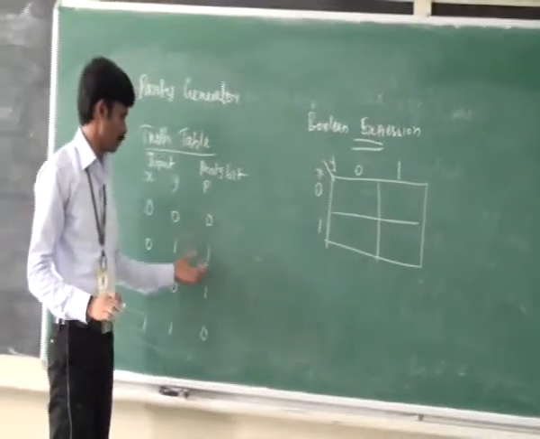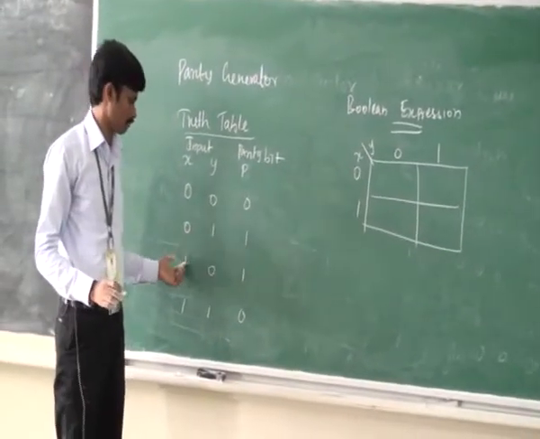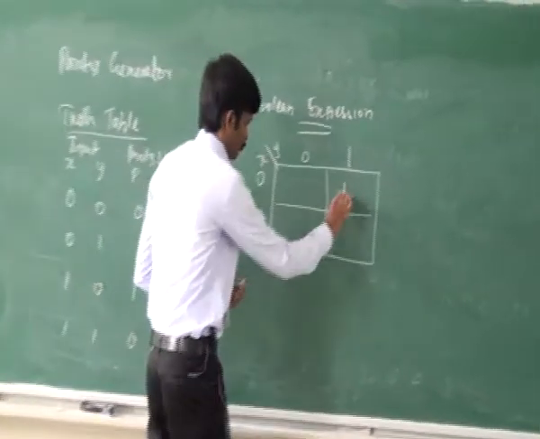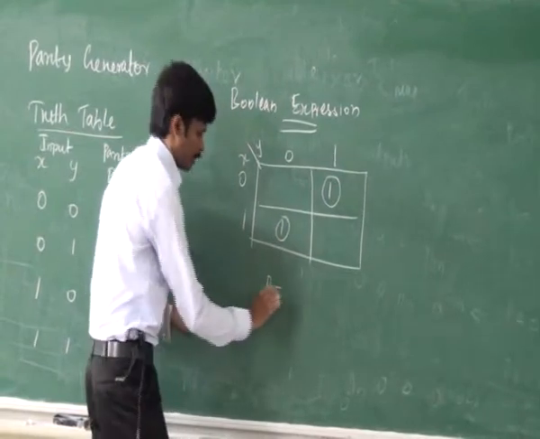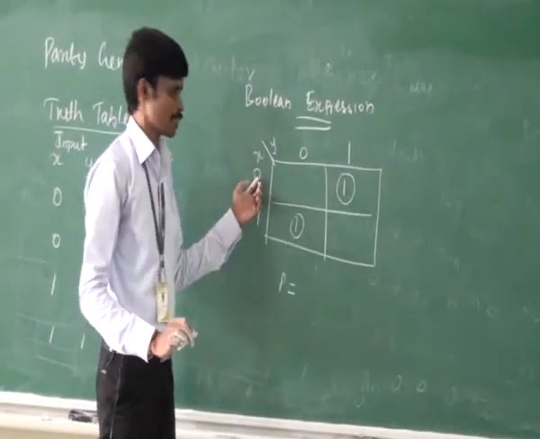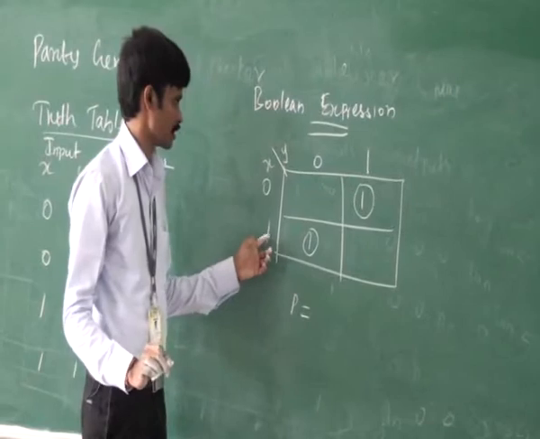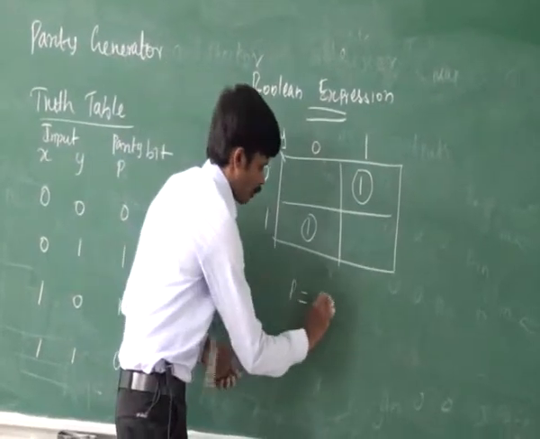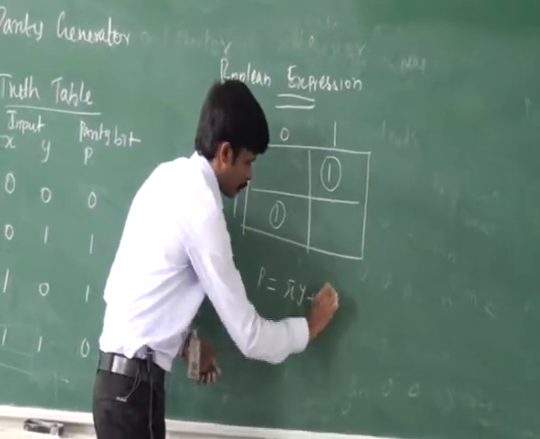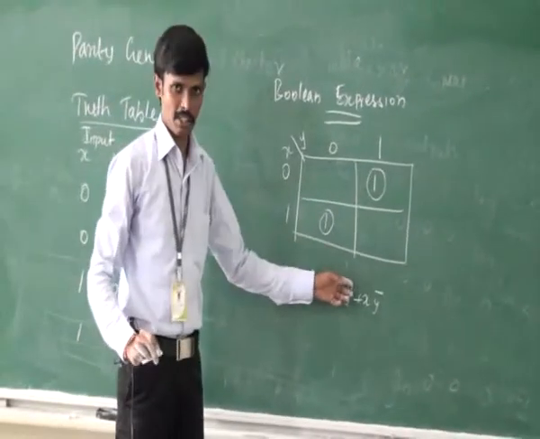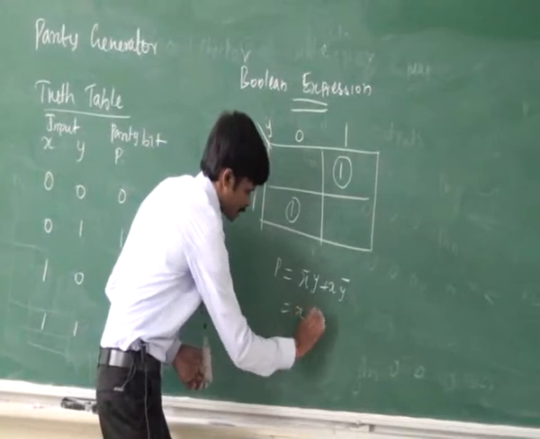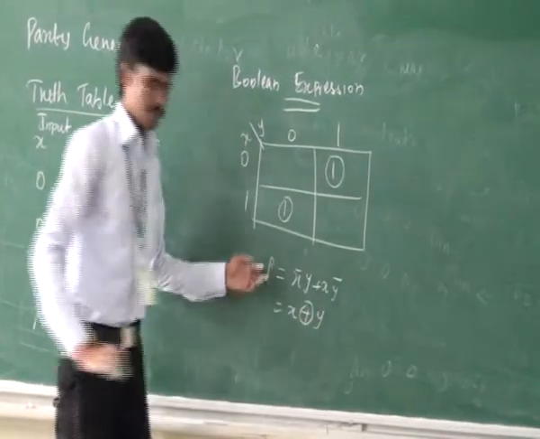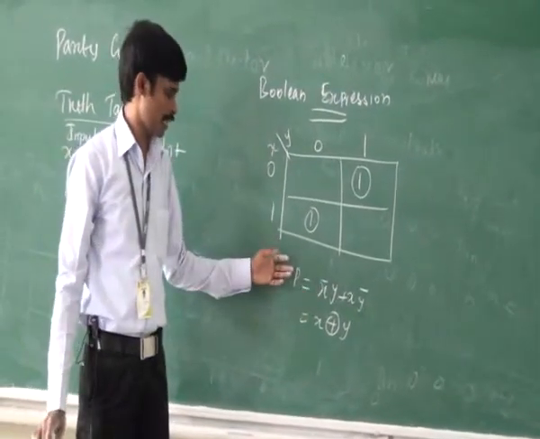Here the parity bit will be 1 for the combinations 0, 1 and 1, 0. So the expression for the parity will be, this one represents X bar Y, this one represents X Y bar. X bar Y plus X Y bar. Now this is expressed in sum of product form, then this can be written as X XOR Y. This is the Boolean expression for parity.